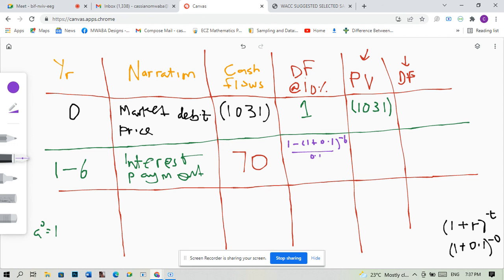So we're going to say 1 minus 0.5644. We're going to get 0.4356. Then we're going to divide that by 0.1, and we're going to get 4.356.